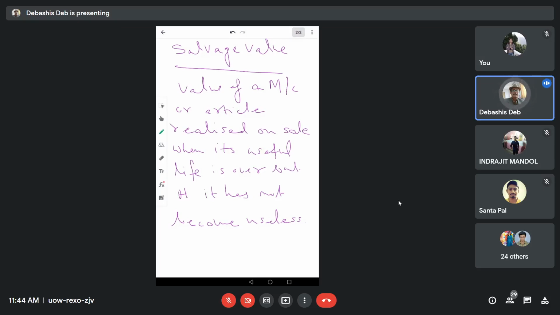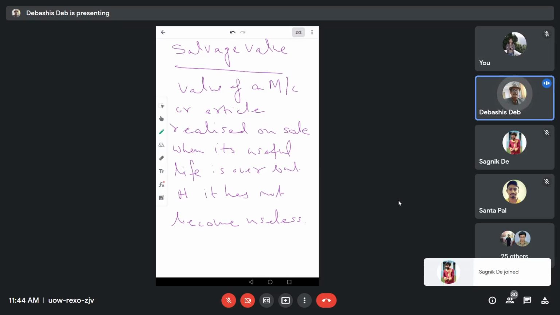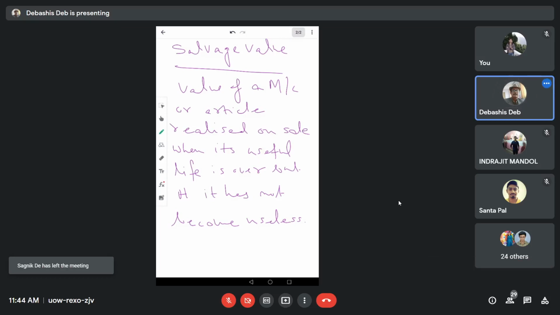So now it is very much clear. The value we are considering, the book value of any property, is up to the period of its useful life. Now, a certain period may come when useful life may be over, but it is not becoming useless.